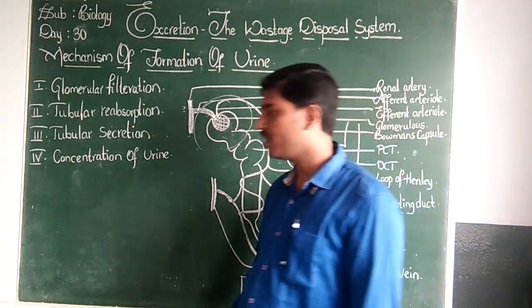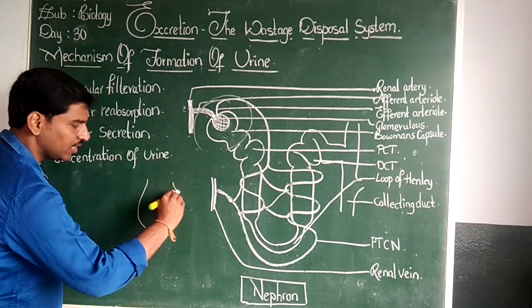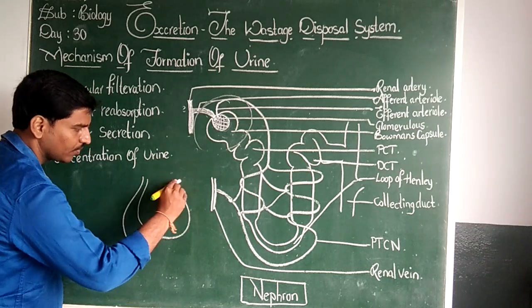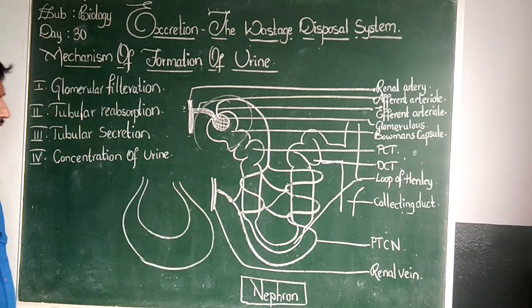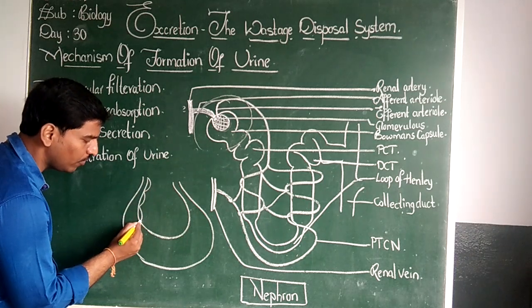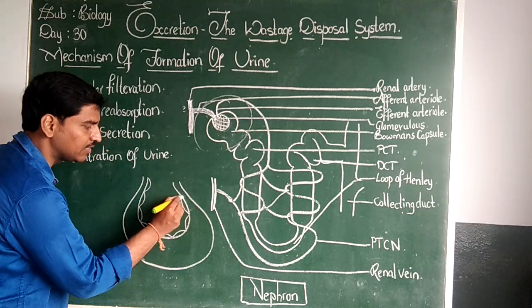I have already made you very clear. Consider this as the blind cup, that is the Bowman's capsule. I told you the inner layer is made up of only single layered squamous epithelial cells.